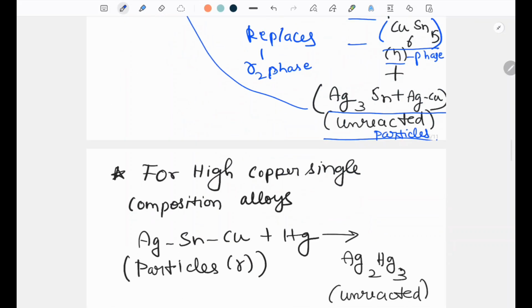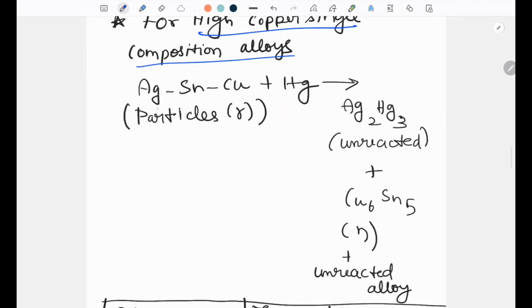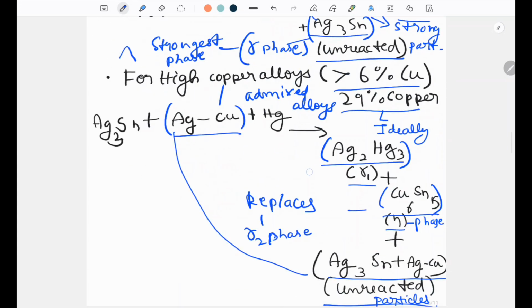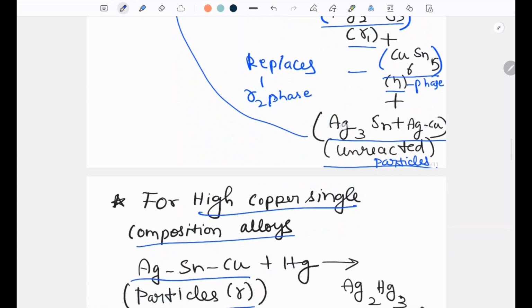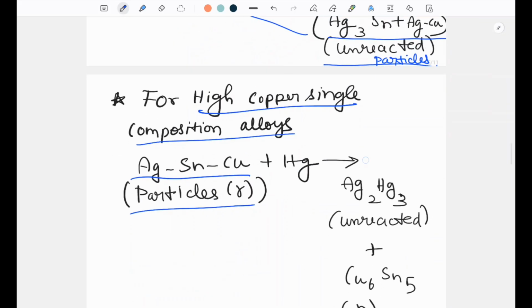Here we have high copper single composition alloys. So here almost the same silver tin copper particles, that is straight away we are not adding, we have the whole sum of copper attached to the silver and tin gamma particles with mercury.